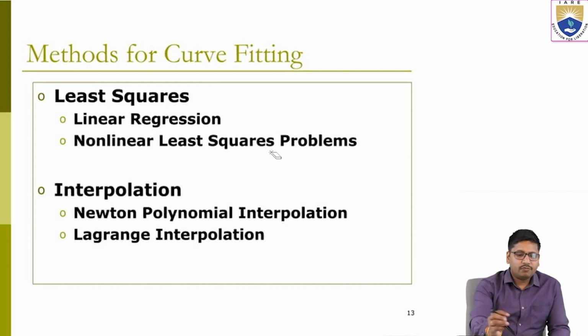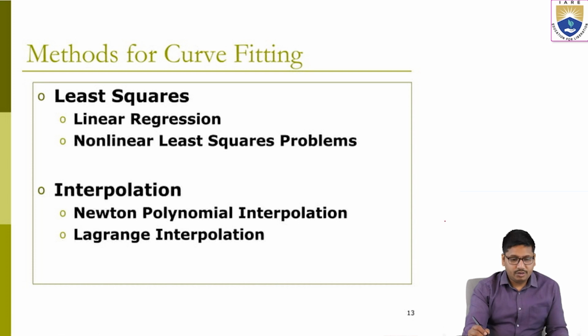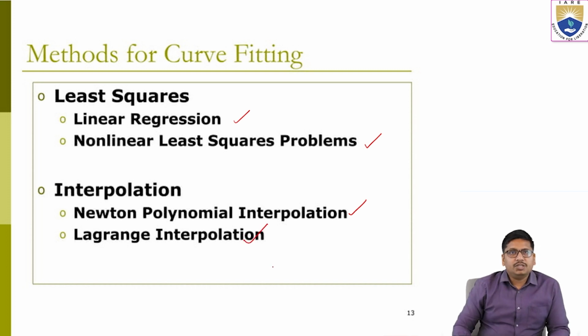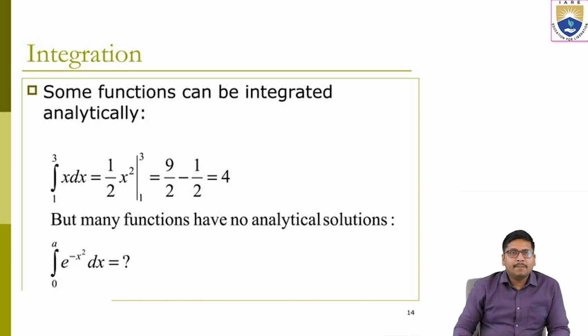So least squares gives us linear regression and the non-linear least squares problem, and for interpolation we have methods like Newton polynomial interpolation and Lagrange interpolation.